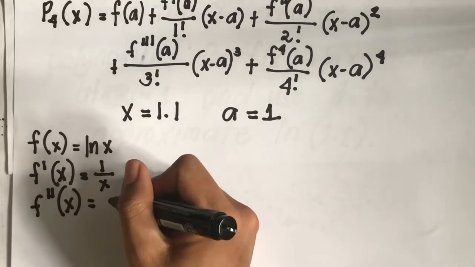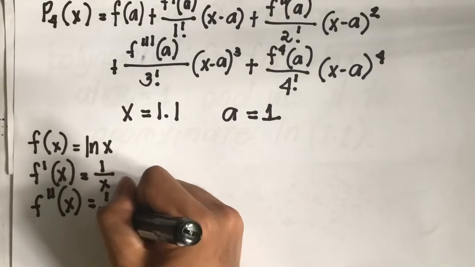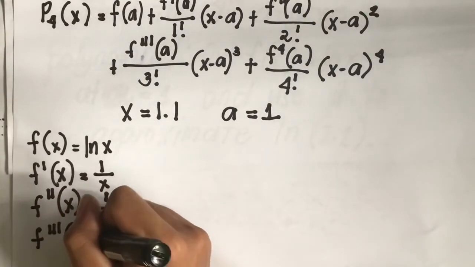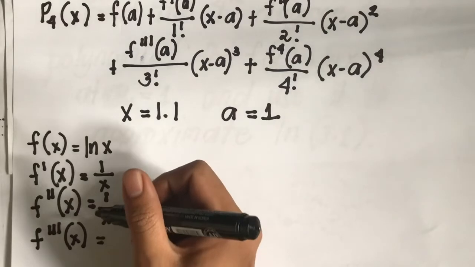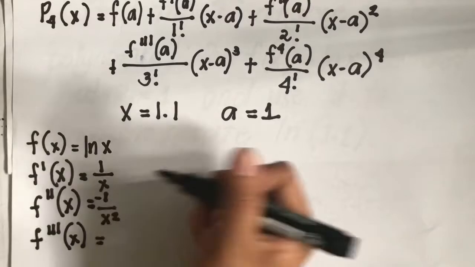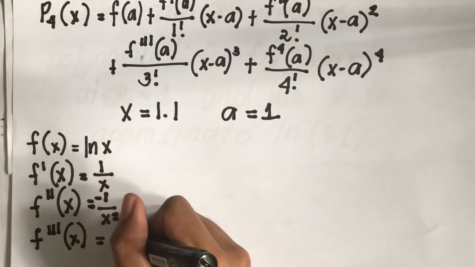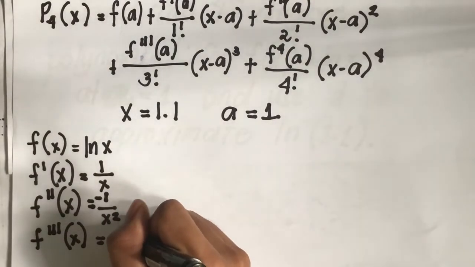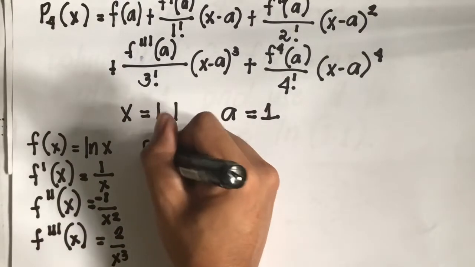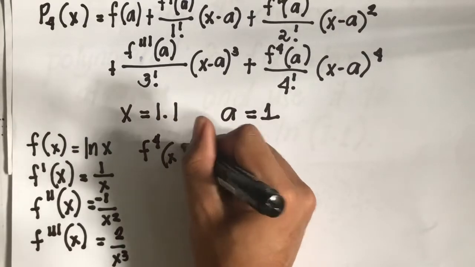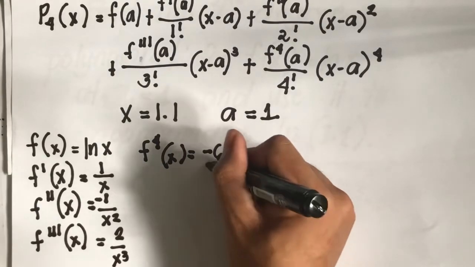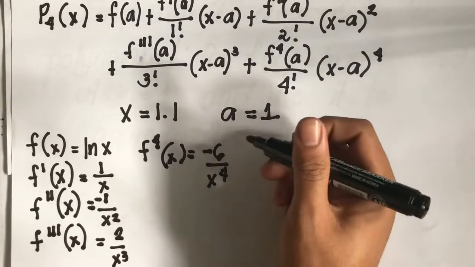Our second derivative would be negative 1 over x squared. And for the third derivative, I'm sorry, I forgot to put a negative sign earlier. For the third derivative, that's going to be 2 over x cubed. Our fourth derivative would be equal to negative 6 over x raised to 4.